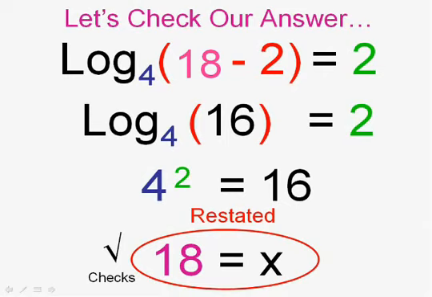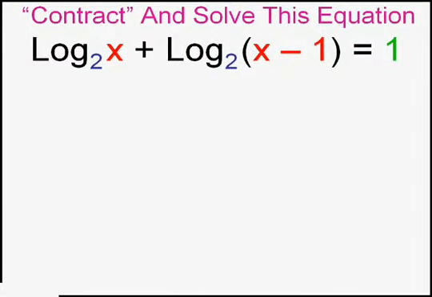Now, using those two principles, the properties of logs to condense and the old switcheroo, let's look at a more advanced logarithm equation. Now, we can't use the old switcheroo here, can we, until we only have one logarithm. So we're going to have to condense it into one logarithm, then we can use the old switcheroo.